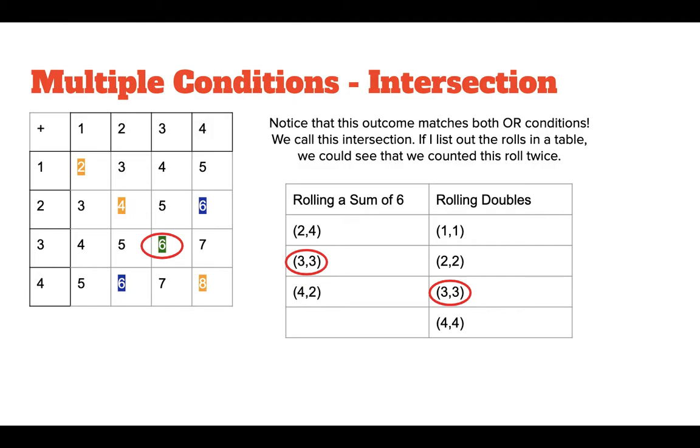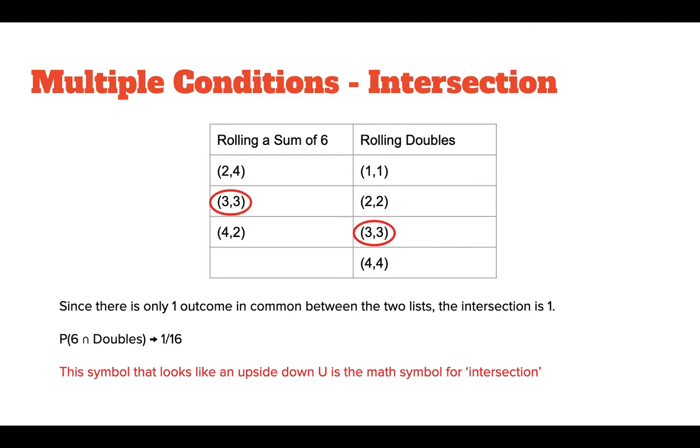So we've got to look at the intersection and say intersection are the number of things in the list which were identical, the place where the two of them come together. So in this particular symbol, you'll see here, I'm writing the probability of 6 intersecting with doubles is 1 out of 16. I had one outcome that was double counted.